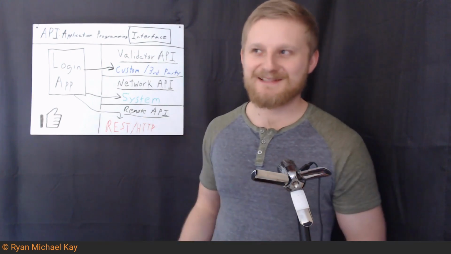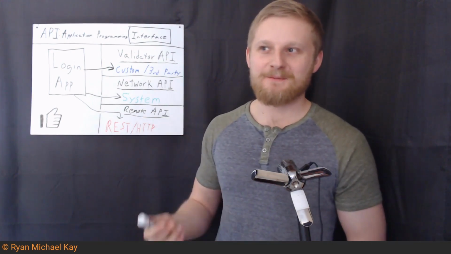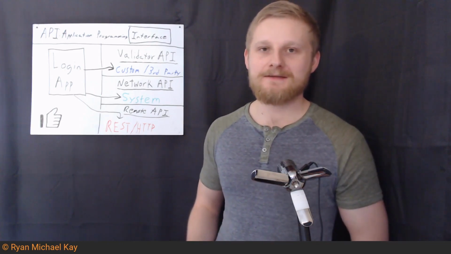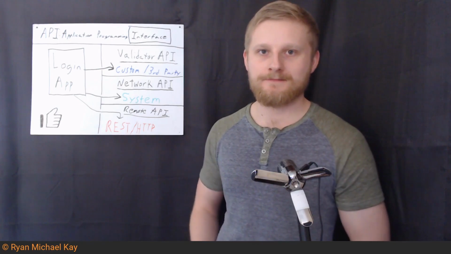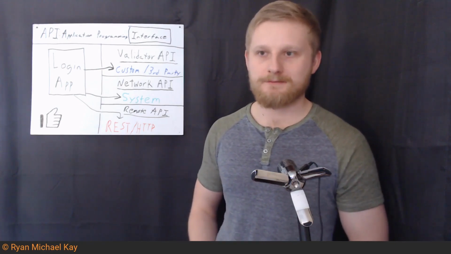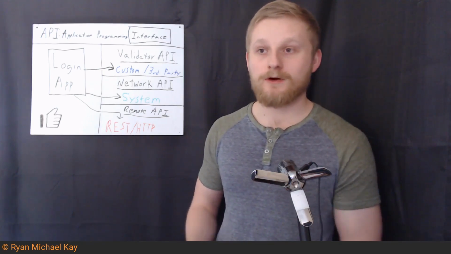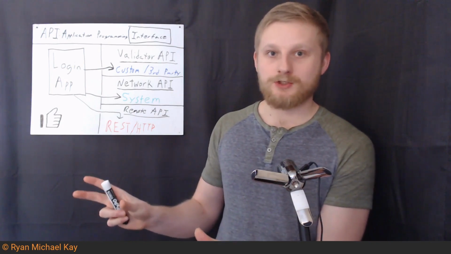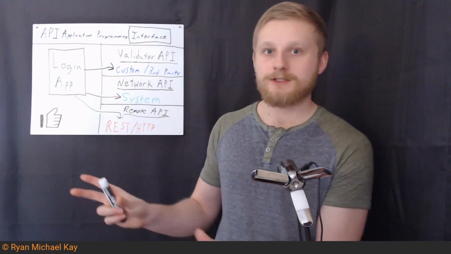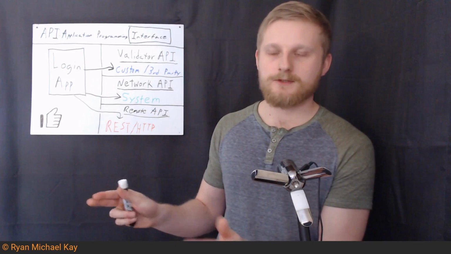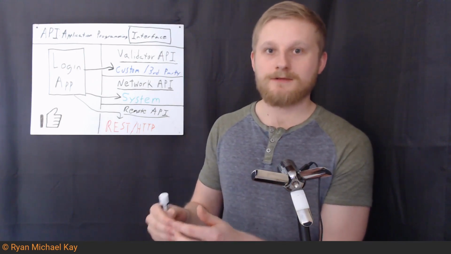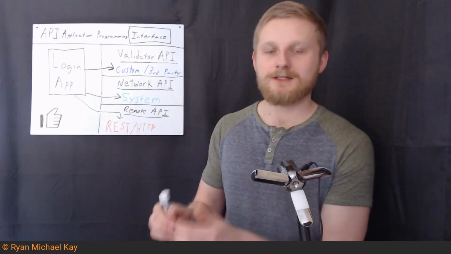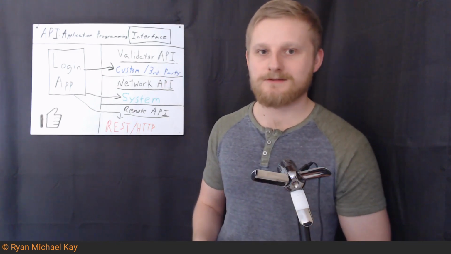So the point I'm trying to get at here is that API is basically another more complicated word for an interface. If we define an interface simply as a way for different objects, different systems which don't necessarily know about each other, to communicate without actually having to know much about each other, this is the fundamental concept here.